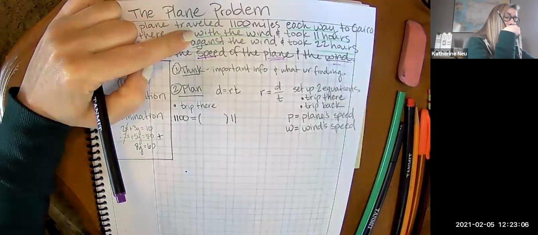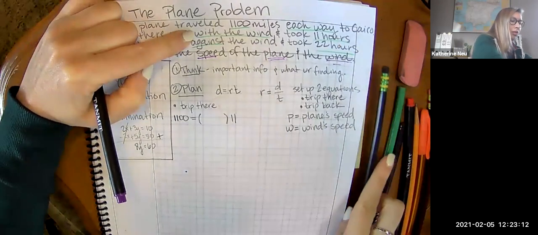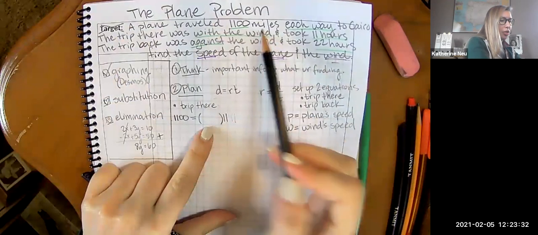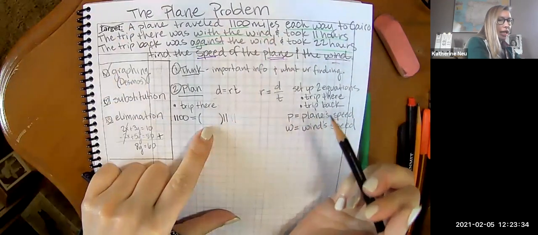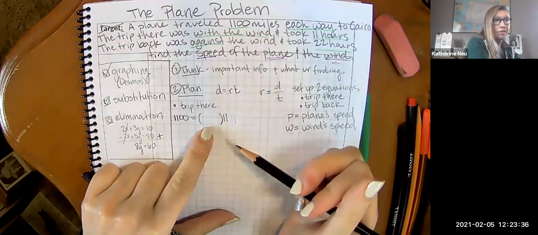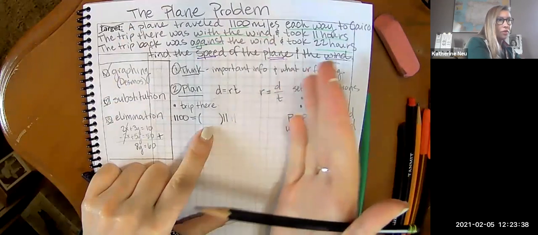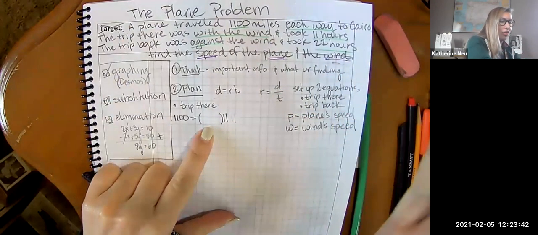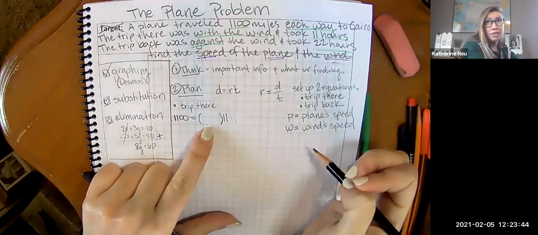So for this equation, I am looking at my rate, and with the wind is going to be both the plane speed and the wind speed working together. So the plane's moving however fast it moves, and the wind is pushing it along with that.